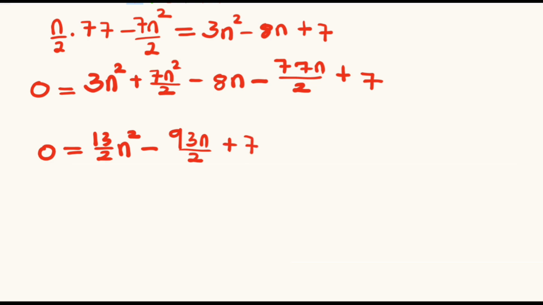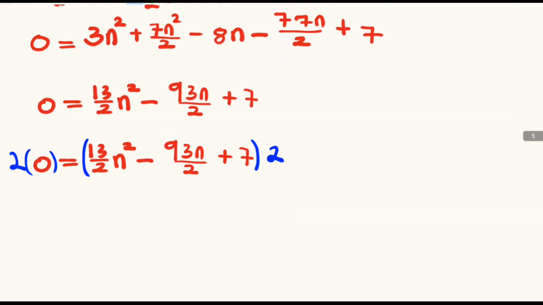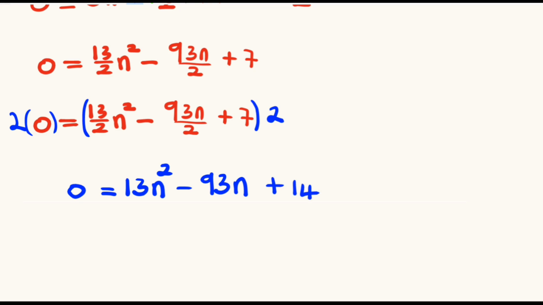So let's remove the 2 in the denominator. We multiply by 2 to remove the 2 in the denominator, and what we do on the right hand side we also do on the left. 2 multiplied by 0 is equal to 0, and we remove the 2 in the denominator, so we have 13n squared minus 93n, but the 2 will multiply with the 7 to give us 14.